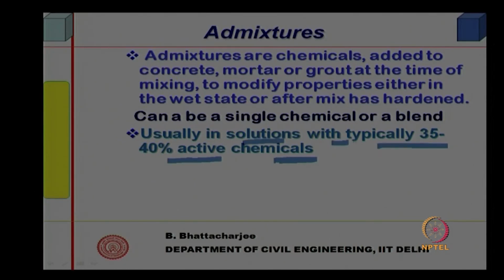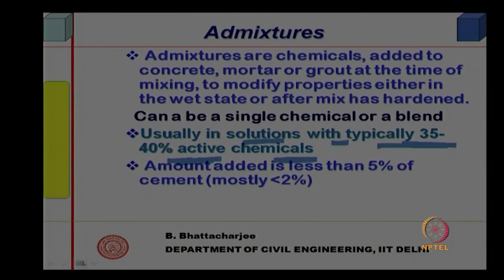So, it is in solution form, typically 35 to 40% active chemicals, rest all is solvent, and generally the amount added is very small, less than 5%, quite often less than 2%. So, that is why you call them admixtures.